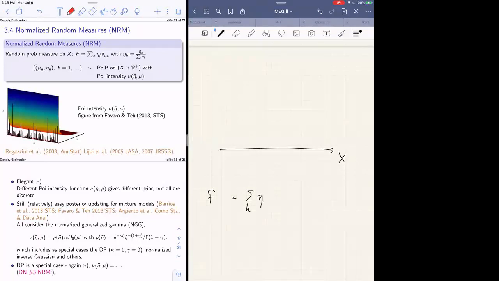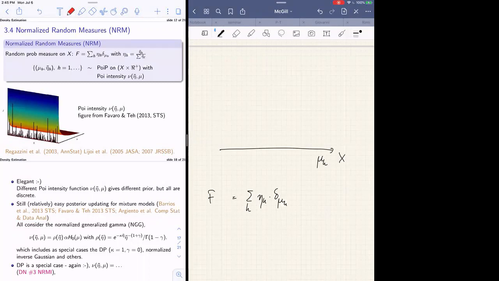Now let's call it eta sub h, times a point mass at location mu sub h. Apologies, earlier it was P sub h and the location was M sub h. For no good reason, I changed notation here. So that's what I want to get eventually. On this axis will be the mu sub h, the locations of the point masses.